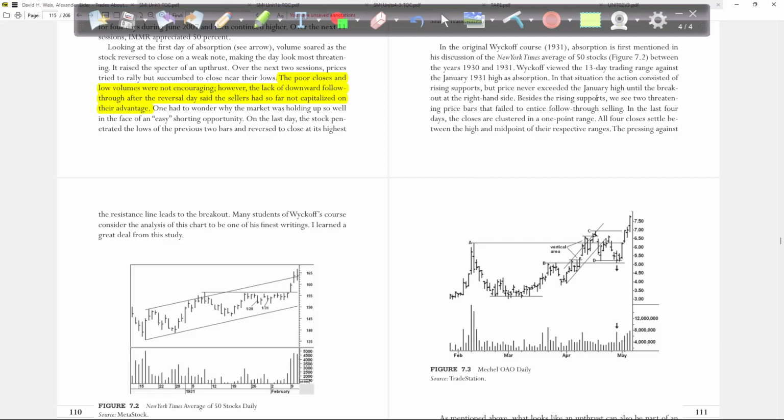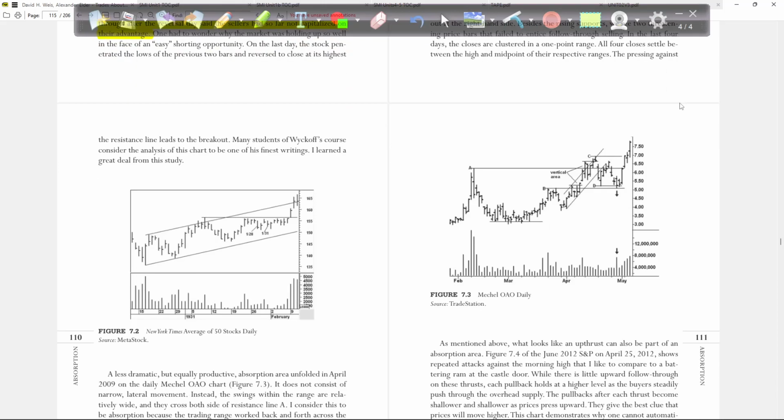Besides the rising supports, we see two threatening price bars that fell to entice follow-through selling. In the last 4 days, the closes are clustered in a 1 point range. All four closes settle between the high and midpoint of their respective ranges.